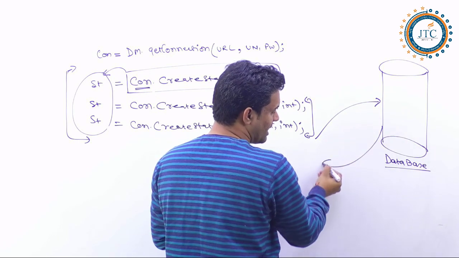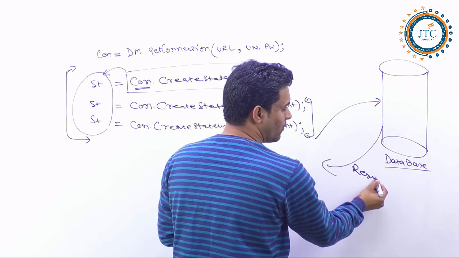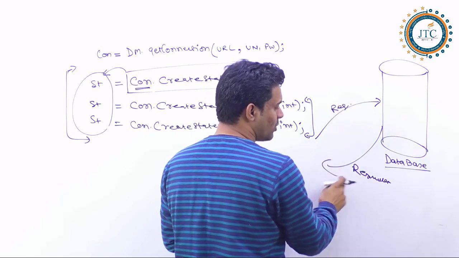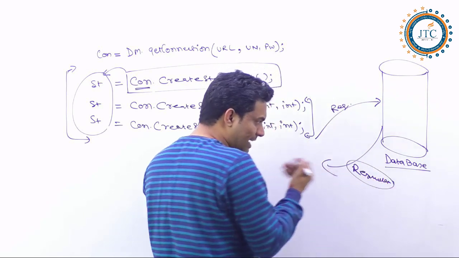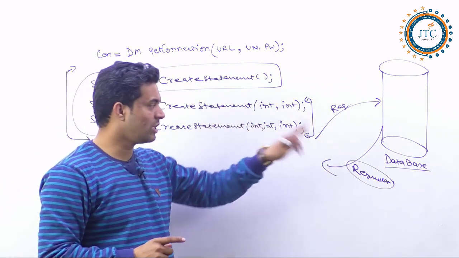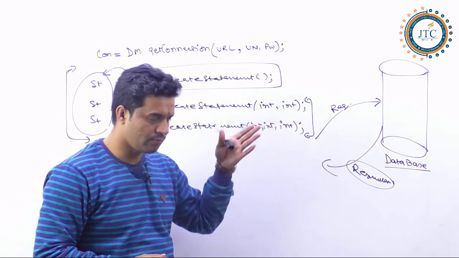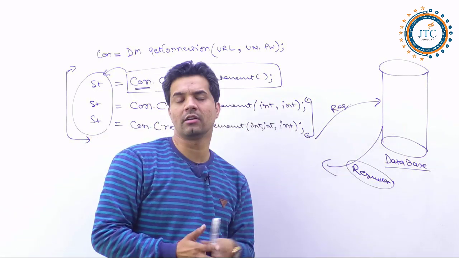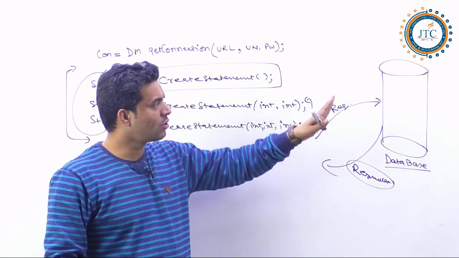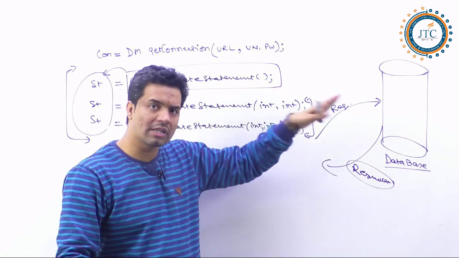Based on the query you submit, you also get some result. So you make some request to the database, and based on that request you get some result from that particular database. Is that okay?